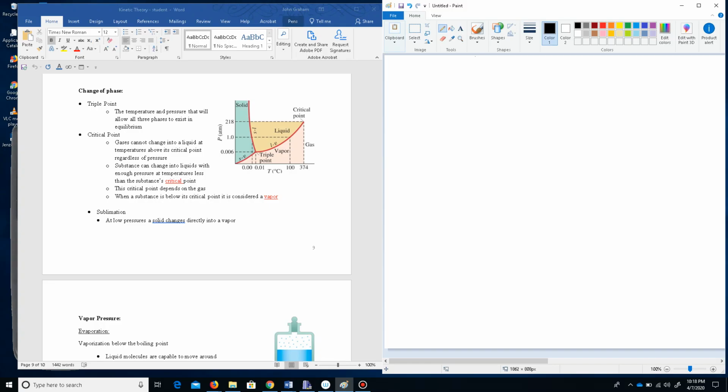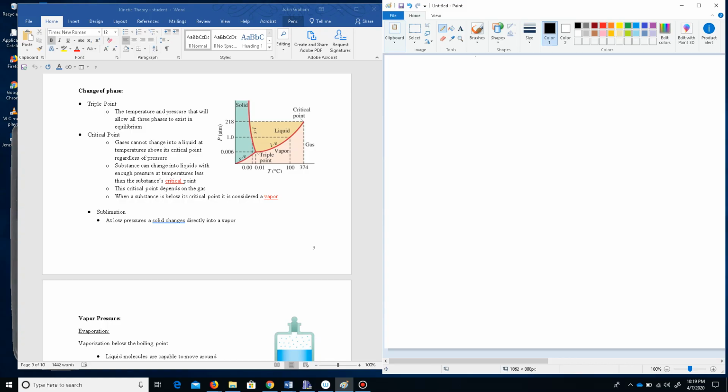And so we have this diagram here because it's not just the temperature but also the pressure that will determine when a substance goes from a solid to a liquid to a vapor or gas.